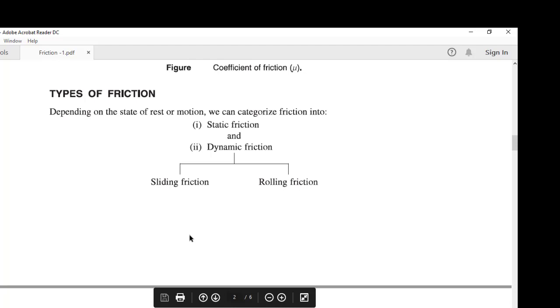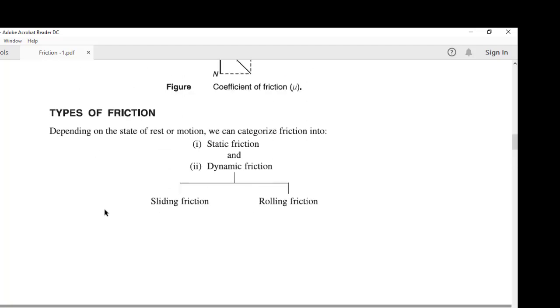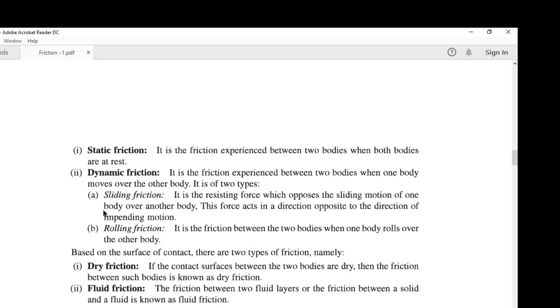Now let us move to the types of friction. Friction is mainly classified into static and dynamic friction. Further, dynamic friction is classified into sliding and rolling friction. What do we mean by static friction?